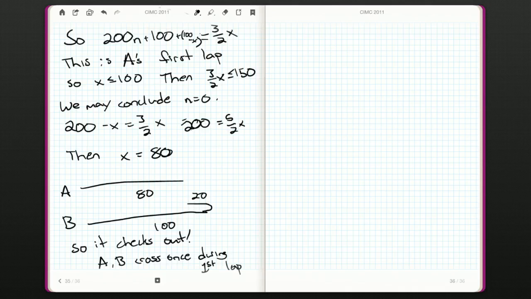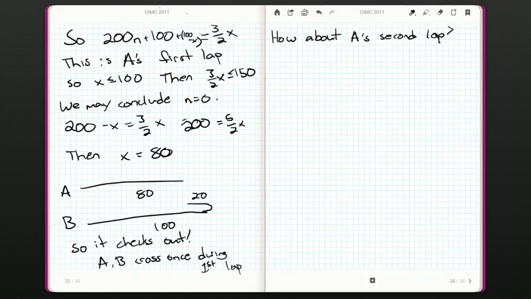How about Alice's second lap? Why do I keep starting to write lop? Oh well. Alright, so what does Alice's second lap look like?